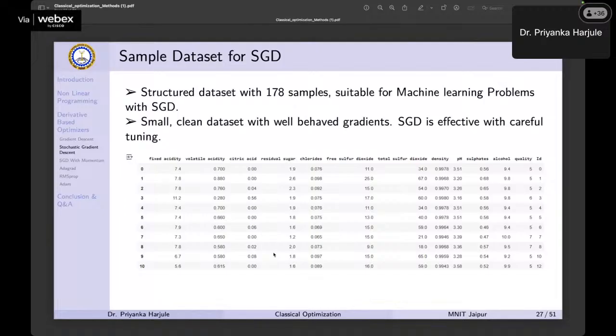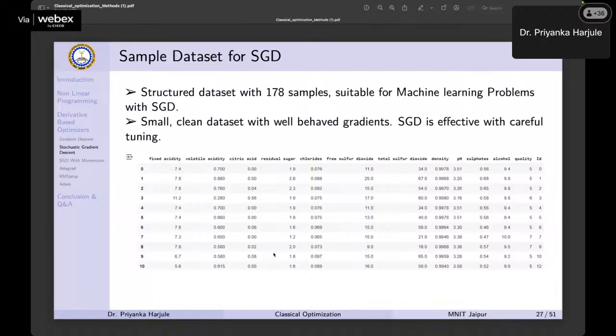So this is an example of a data set on which the stochastic gradient descent works very well. Why? Because this is a small, clean and structured data with well-behaved gradients. That is, they do not vanish, or diminish, or go very large.